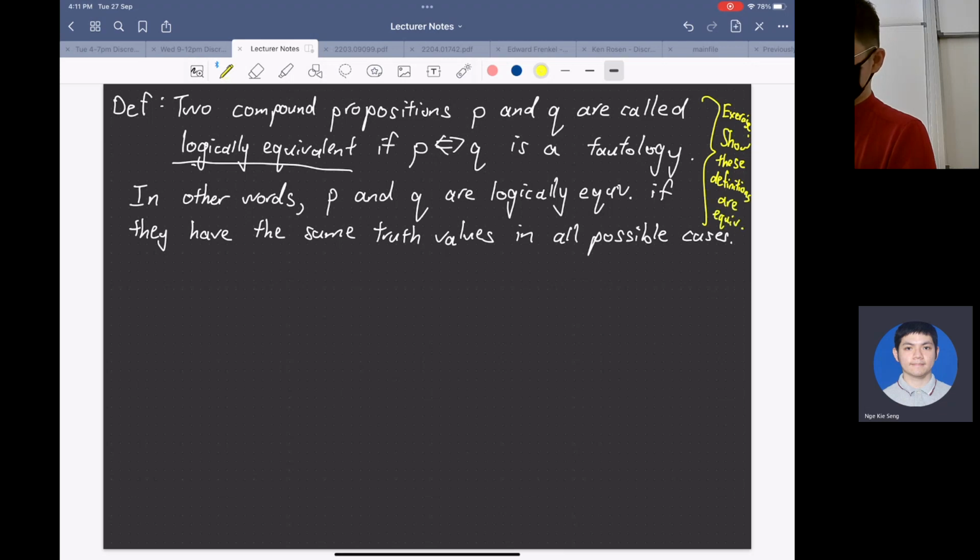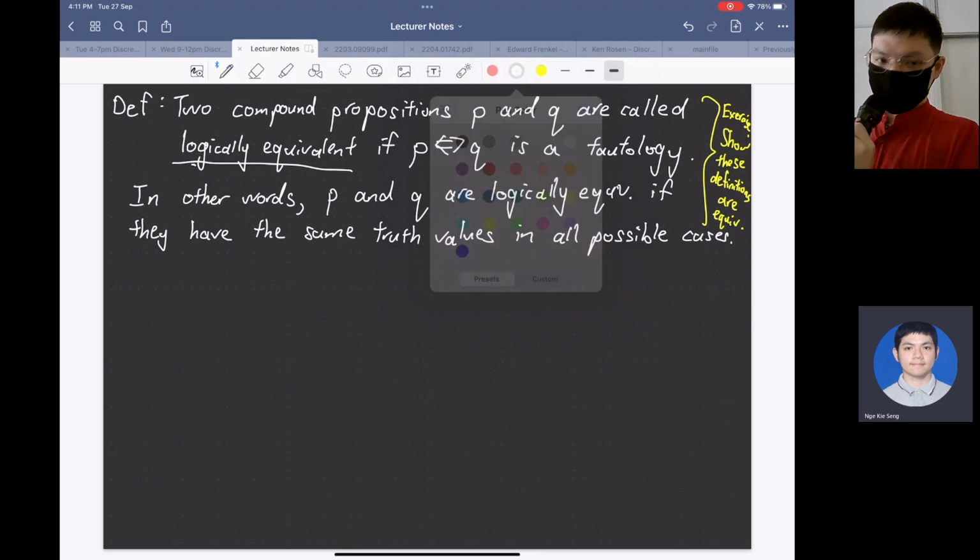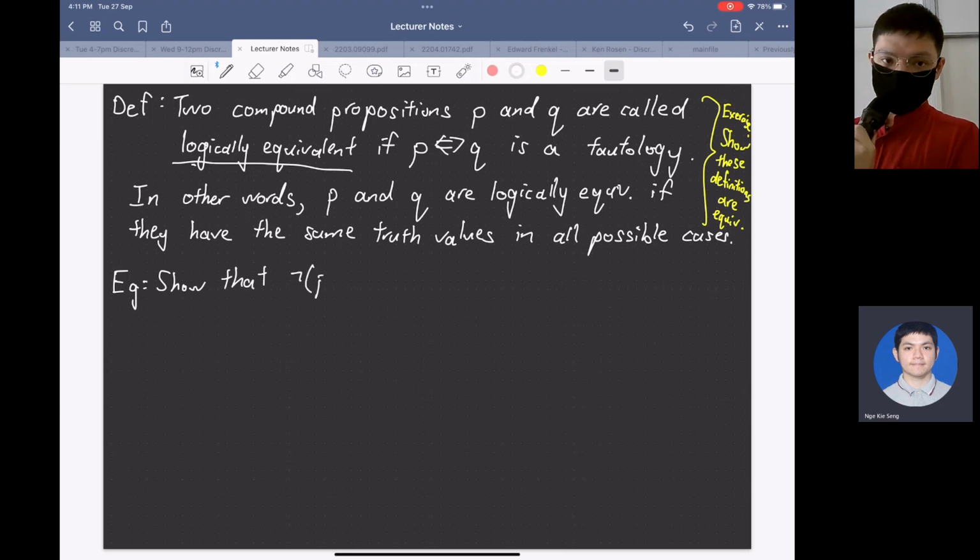Okay, make sure you do it. If we have time, maybe we can come back, but for now, I want to jump to an example first. So for example, show that not (P or Q) and not P and not Q.